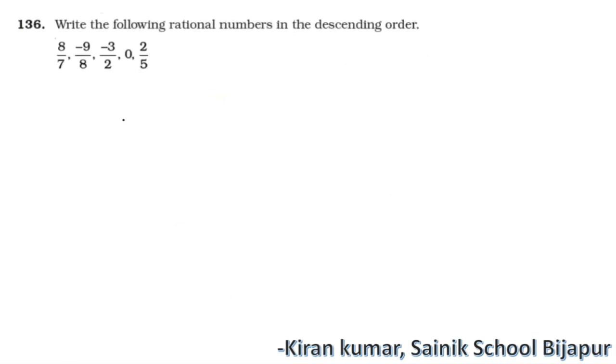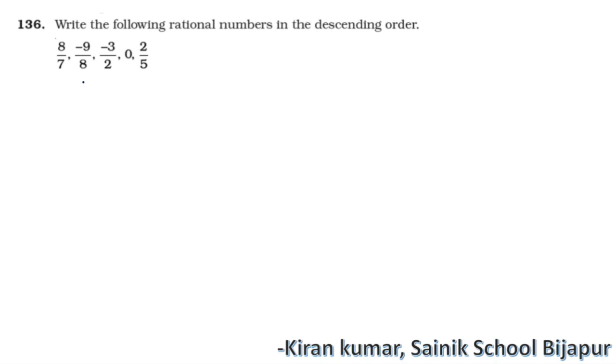Question 136. Write the following rational numbers in descending order. In order to write in descending order, we require larger number to smaller number. Having observed, we find both the numerators and the denominators are different.